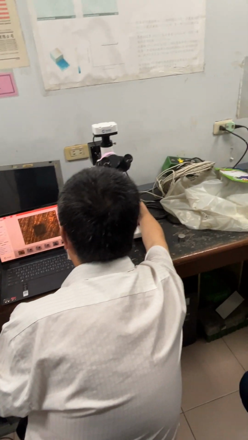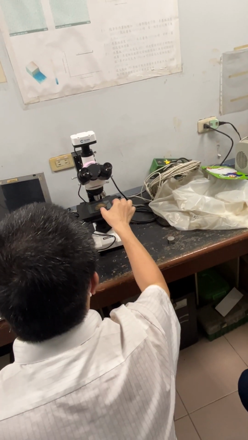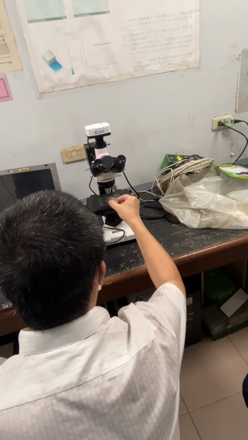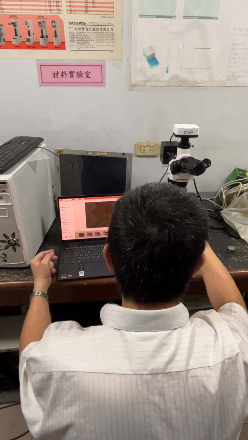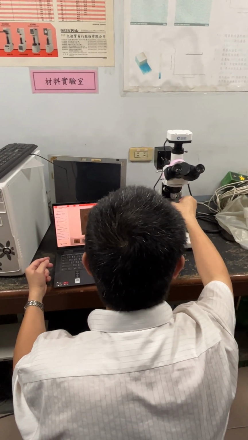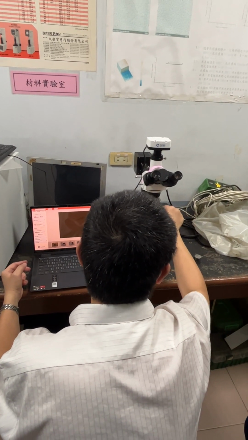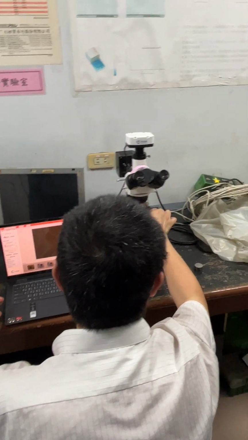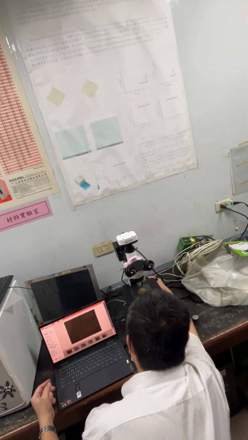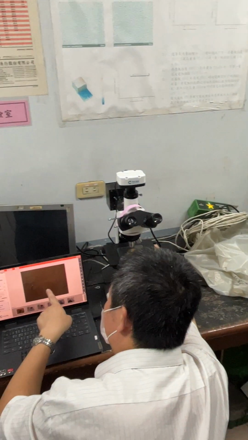For example, before you load your specimen, we tend to move the stage to the lowest position so that it will not touch the lens over here. So after loading, use the bigger wheel to move upward, and you will see here that it changes faster.